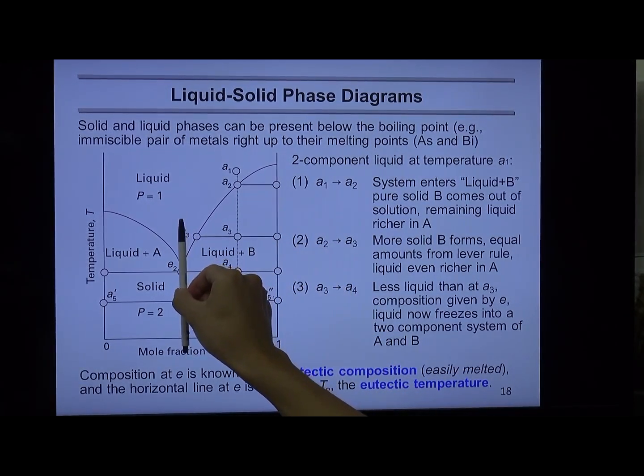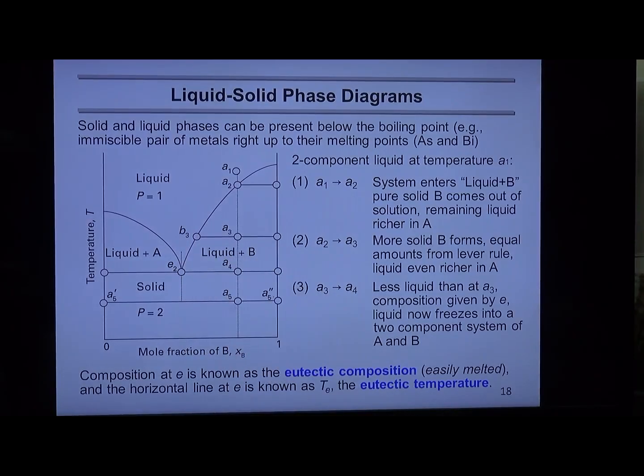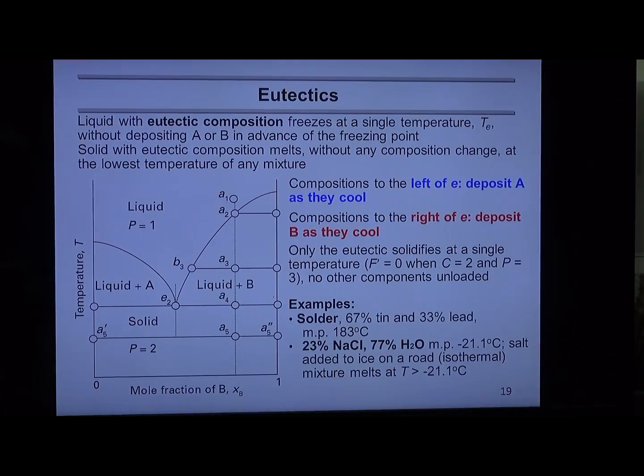Maintaining the same composition. So liquid-solid phase diagrams have this interesting point called the eutectic composition. Liquid with eutectic composition freezes at a single temperature, without depositing A or B in advance of the freezing point.